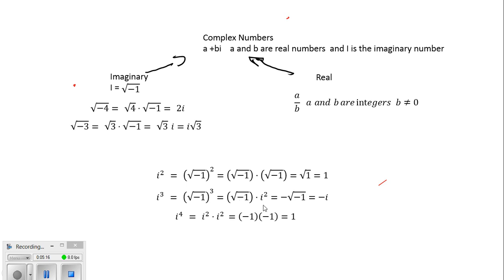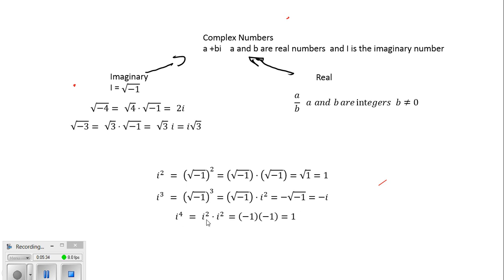So this is breaking this down as i squared and i. And of course, the square root of negative 1 is i, and i squared, as we saw up here, is -1. So i cubed is negative i, okay?